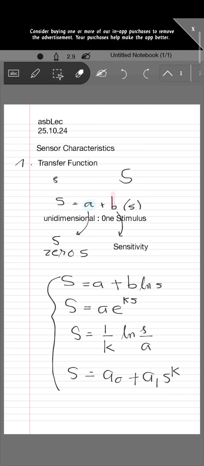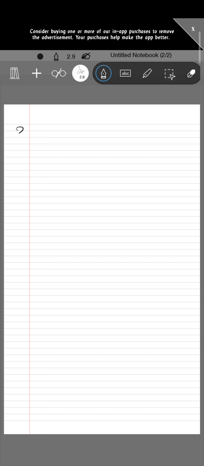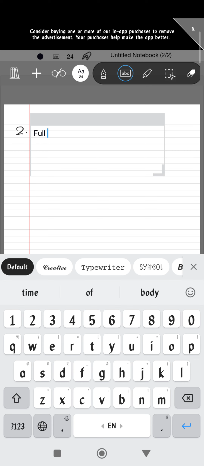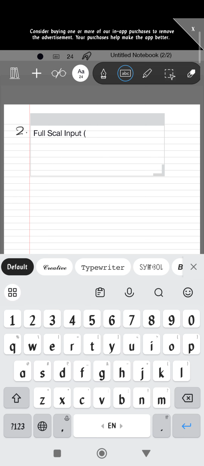Now, the second parameter which needs to be known is something called the full scale input, or FSI.